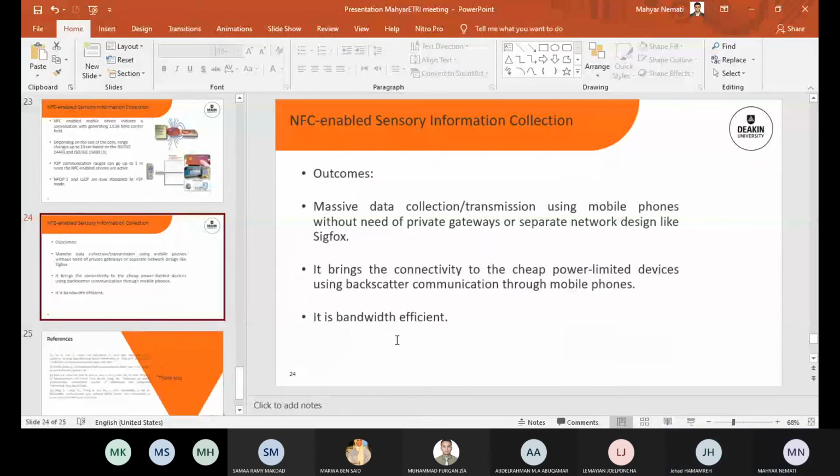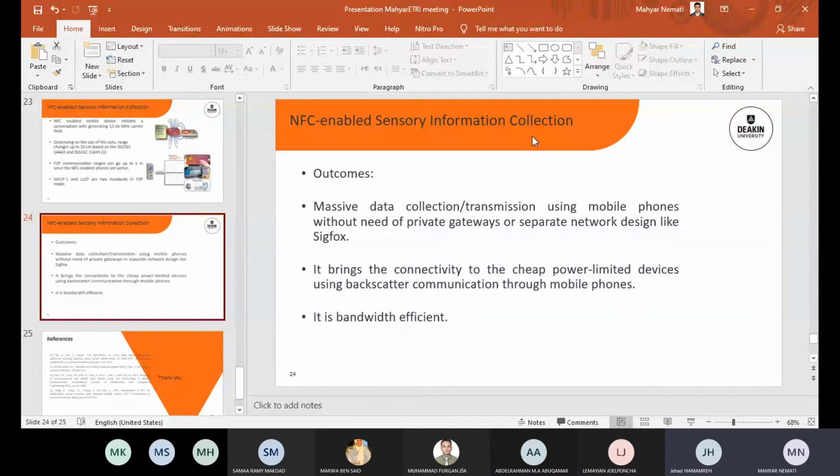So what are the expected outcomes from this NFC-enabled sensory information collection? I suppose to have a massive data collection and transmission using mobile phones without needing any private gateways or separate network design like Sigfox.